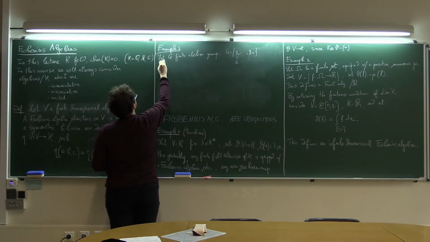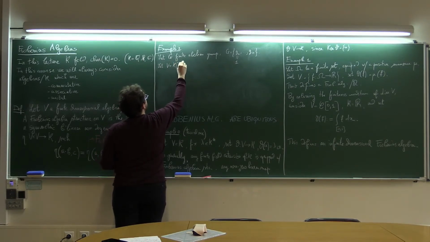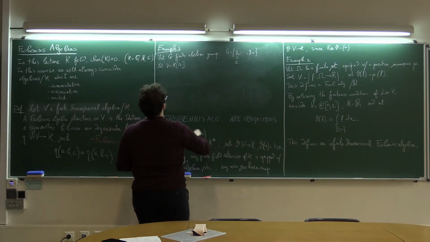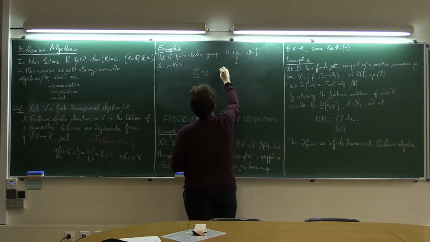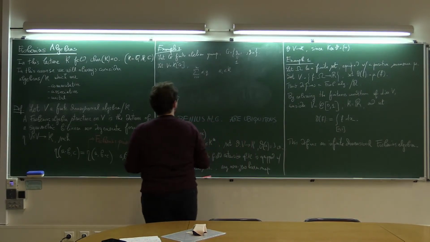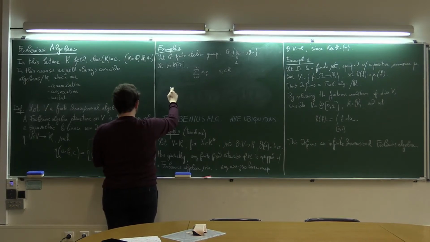So let's consider the group algebra with coefficients over K of G. So elements of this algebra are formal sums of this form, where the coefficients alpha_i are elements of K and g_i are elements of G, and the operations are defined as follows.